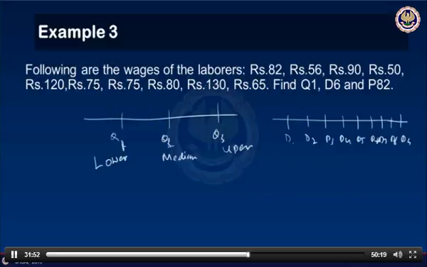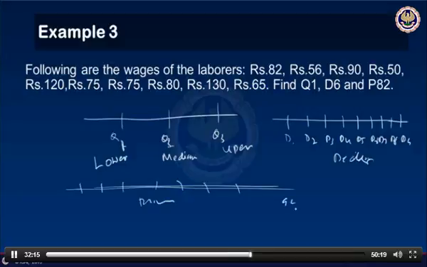This is about the deciles. In the case of percentiles, suppose the data is divided into 100 parts, we divide into 99 categories, 99 points.